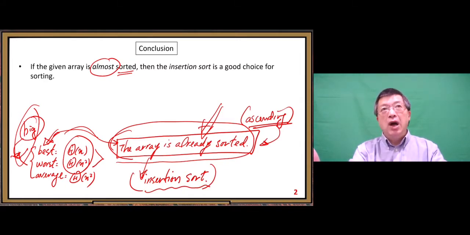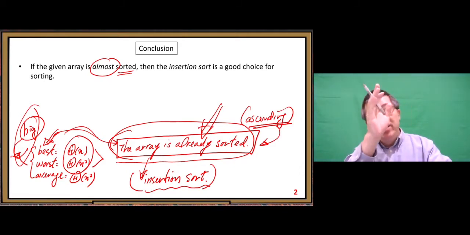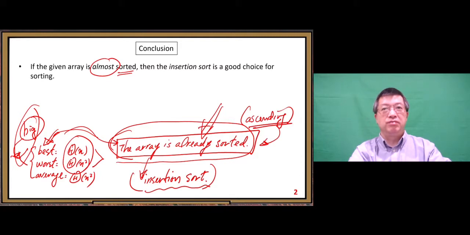But we know a given array is not completely sorted, but almost sorted. That could happen in some real world situations. This kind of data exists. So under that situation, you need to think about the insertion sort.